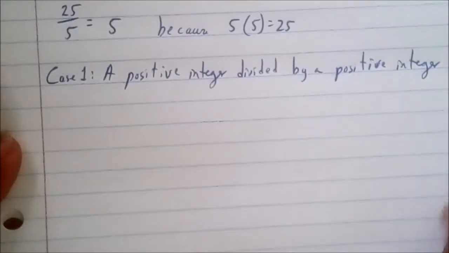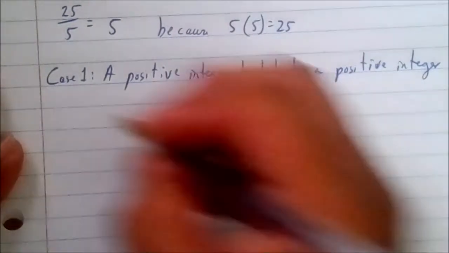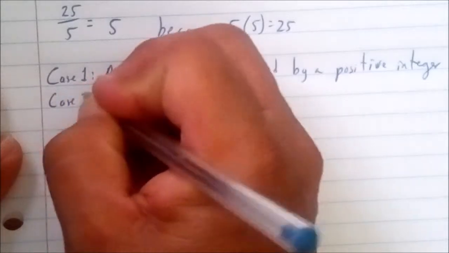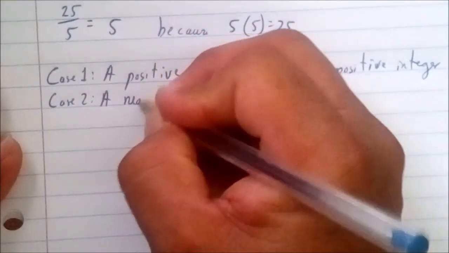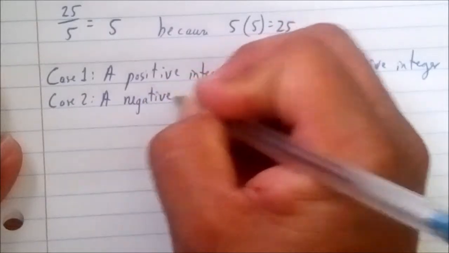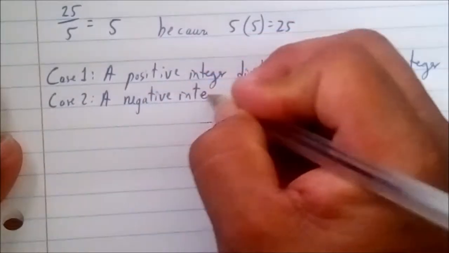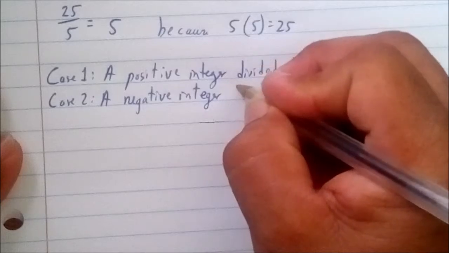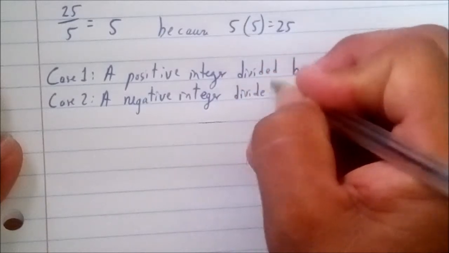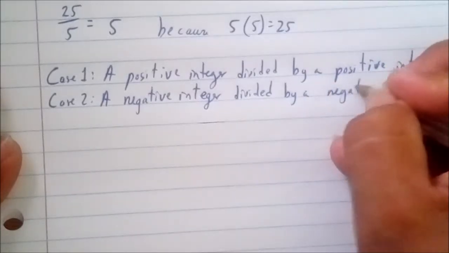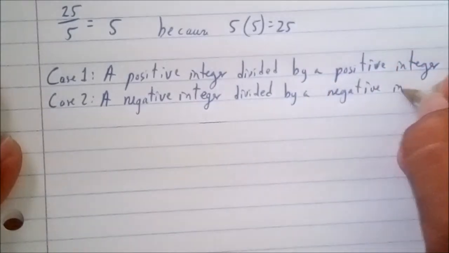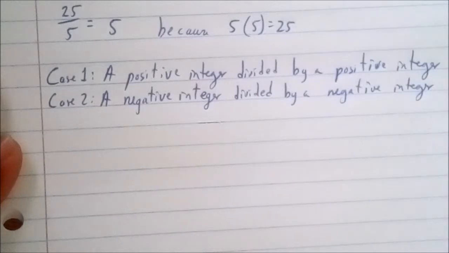That's one case. All right, case 2 will have a negative integer divided by a negative integer. That will be case 2.